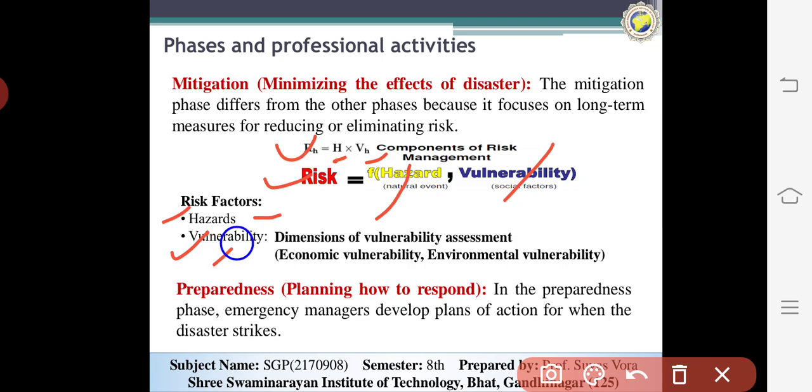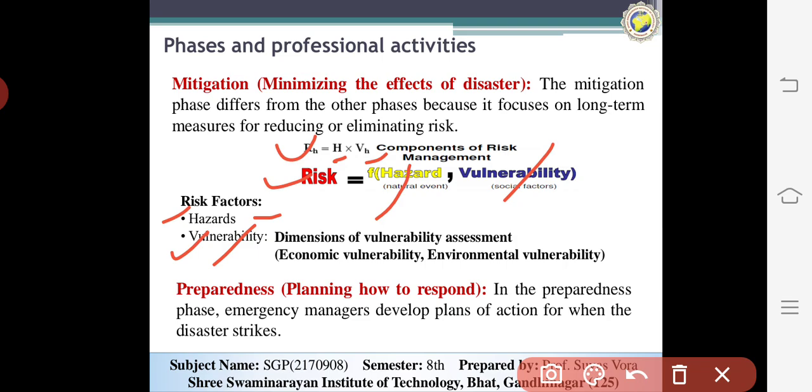In a similar way, vulnerability is the characteristic of the elements at risk that determines how much damage they will experience from a disaster event of some level.